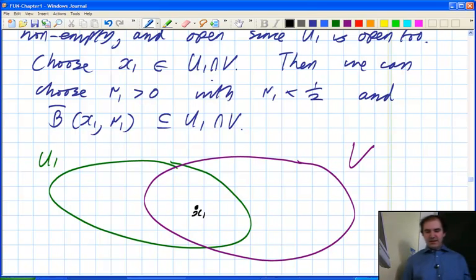And then it's in an open set, so I can find a small radius. If I take a small enough radius, then the open ball will be inside that intersection. If I take an even smaller radius, the closed ball will be inside the intersection. And if I take an even smaller radius than that, I'd have made sure that R1 is less than a half. So this is no real problem.